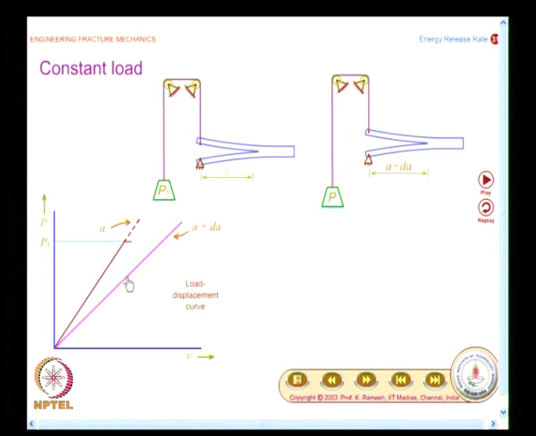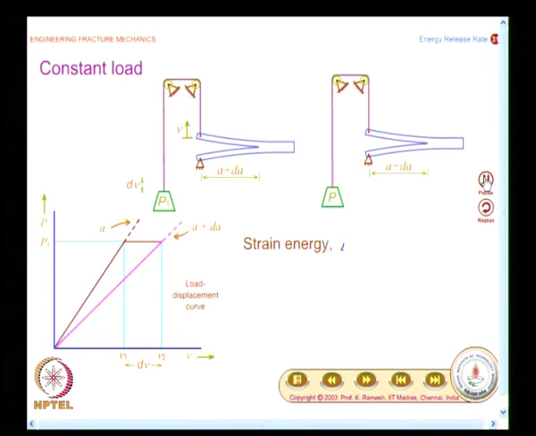So, the graph is below the graph drawn for crack length of A, and just look at these energies. We have a change in strain energy, we find out what is the final strain energy, then we look at what is the initial strain energy, and the difference in strain energy is seen.